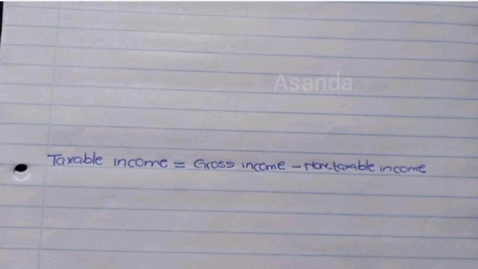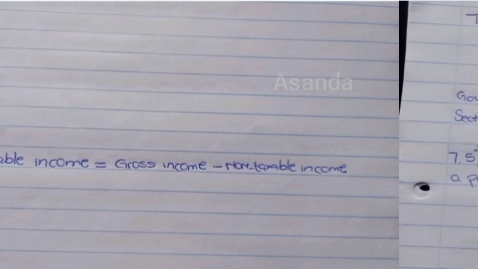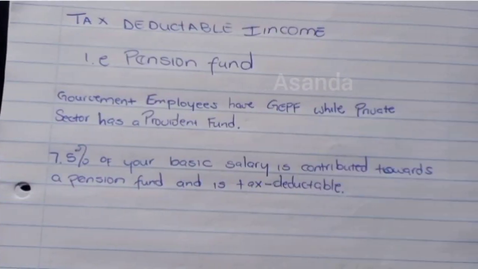So we're going to take a closer look at one tax-deductible income that we're supposed to subtract before we calculate tax, which is pension fund. Like I said, we're going to focus more on pension fund than anything else, but yes, there are others. Government employees have GPF, while the private sector has a provident fund.